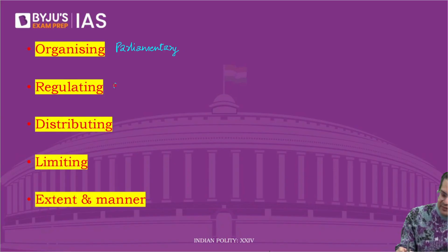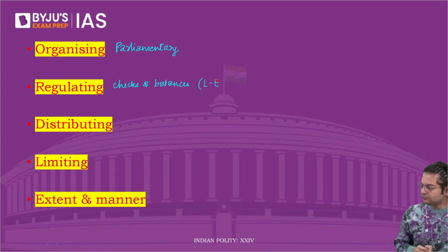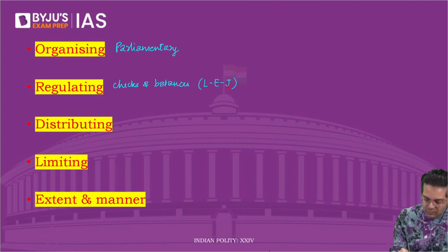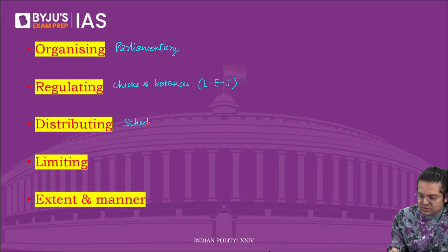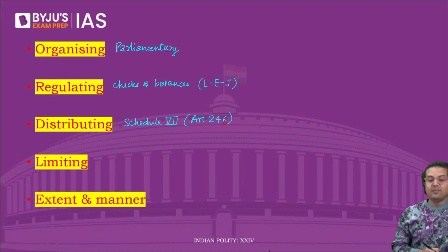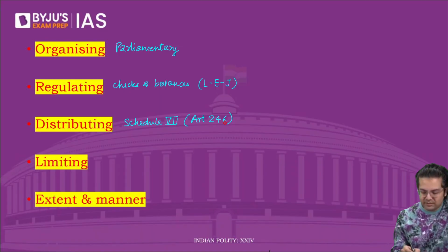Then regulating. Don't we have the system of checks and balances? Legislature, executive, judiciary. Right? Distributing. What is distributing? Schedule 7, Article 246. Don't we have the division of power into lists? Limiting. What is the limitation on the government? Tell me.